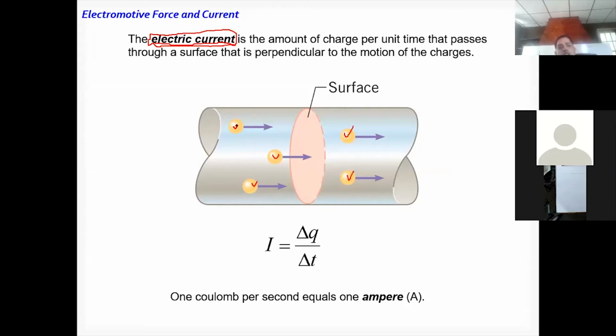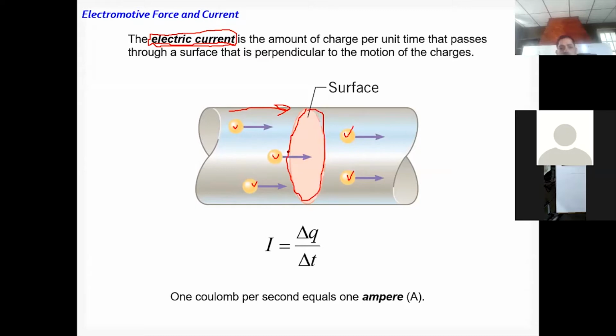All right, so these charges are moving from left to right. Imagine there is a surface here, the pink oval surface. This surface is perpendicular to the flow of the charge, meaning this angle is 90.